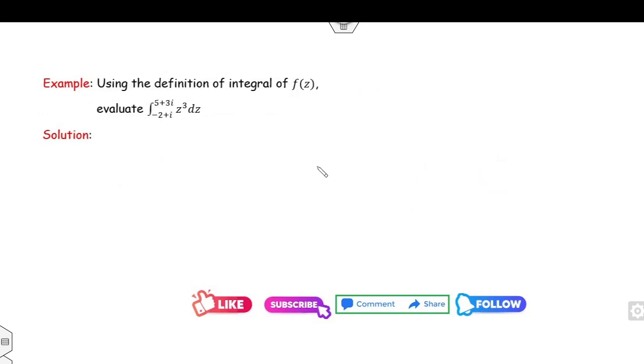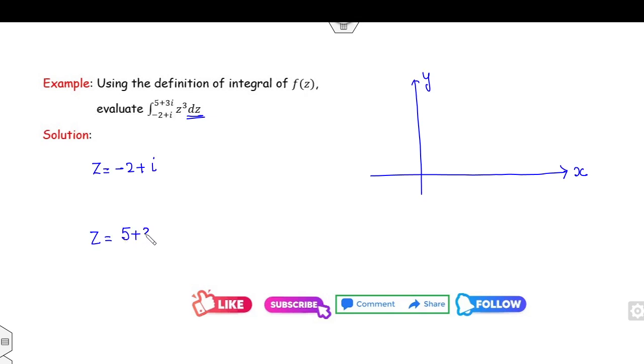Okay, look at this another one. Again, your first target is to draw the curve. Always remember student, whenever you have seen the complex integration, always draw the curve. What is the limit is? Minus 2 plus iota. And the second limit is 5 plus 3 iota. Fine.